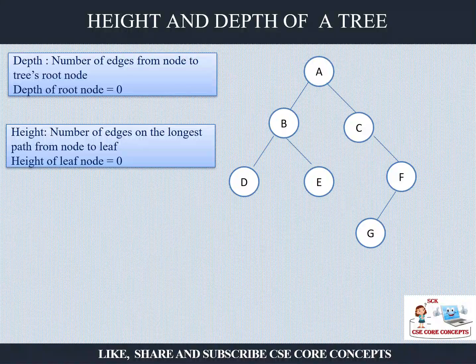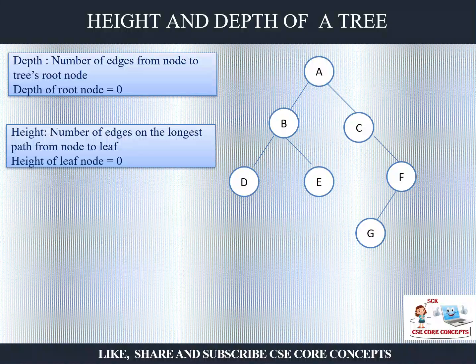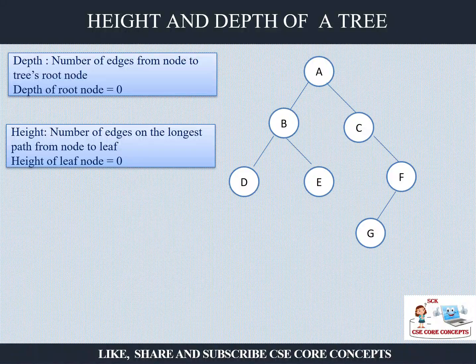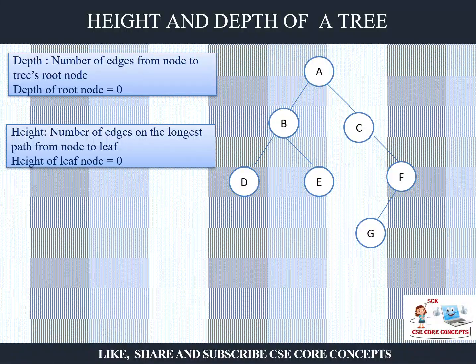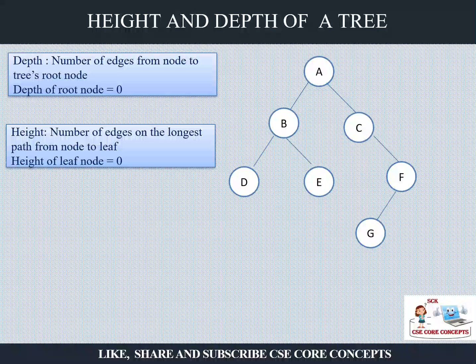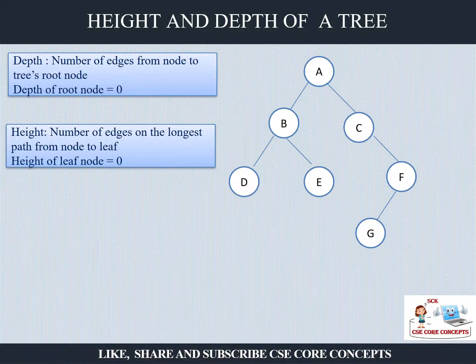So what is the distance of this leaf node to the leaf node? That is 0. Two things you should remember properly: the depth is the number of edges to the root node and height is the number of edges to the leaf node. So always the depth of the root node is 0 and the height of a leaf node is always 0.